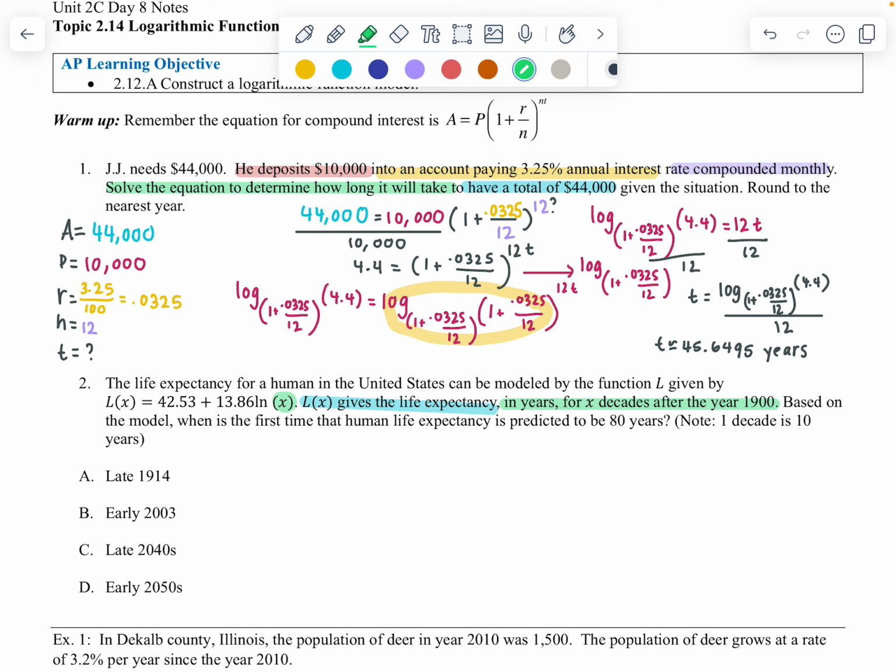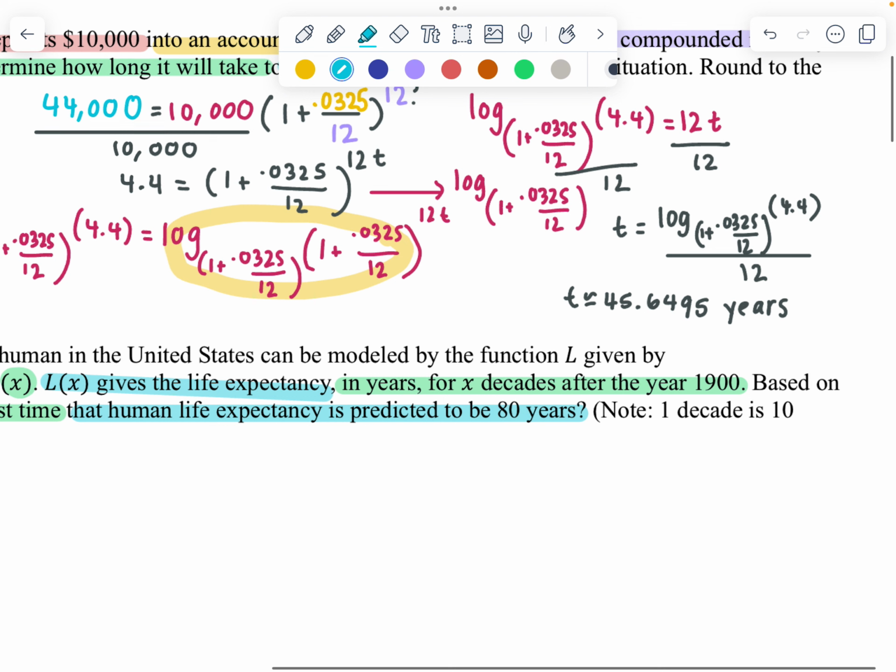Based on the model, when is the first time that the human life expectancy is predicted to be 80 years? So we're solving for x. We know that L of x is 80 because L of x tells us our life expectancy.